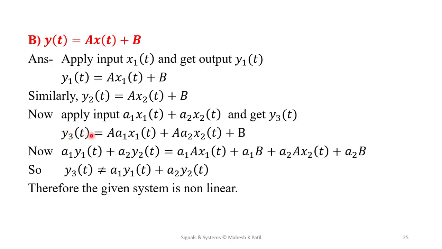So we'll get y3(t) = A(a1 x1(t) + a2 x2(t)) + B. Here we can observe that a1 y1(t) + a2 y2(t) is equal to a1 A x1(t) + a1 B + a2 A x2(t) + a2 B. So from the observation we can write y3(t) is not equal to a1 y1(t) + a2 y2(t).